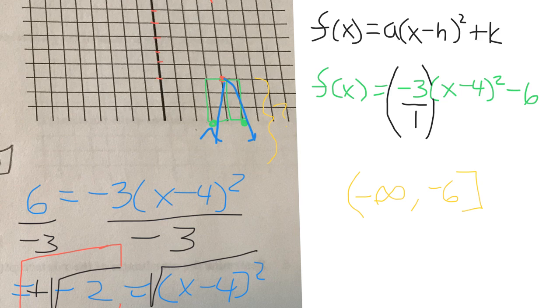Now notice how when it comes to this interval notation, you always want the lesser of the two numbers to be on the left and the greater of the two numbers to be on the right. Now, there is no number that is lesser than -infinity. So if you end up with a -infinity within your interval, that's always going to go on the left.